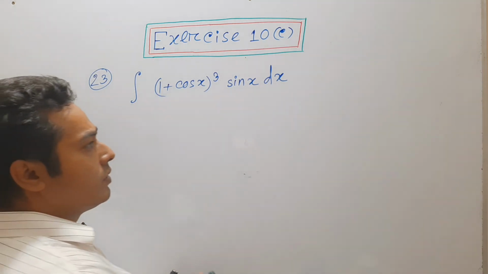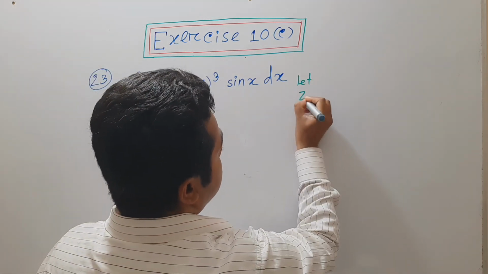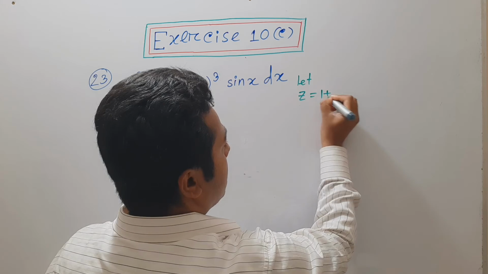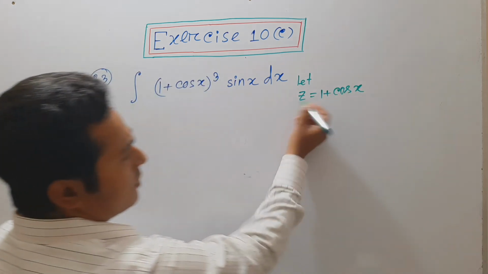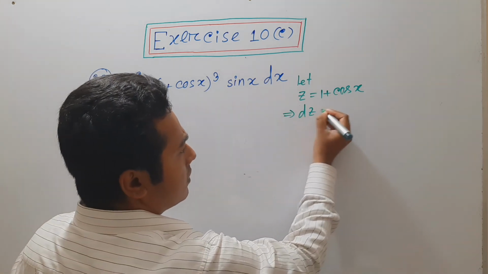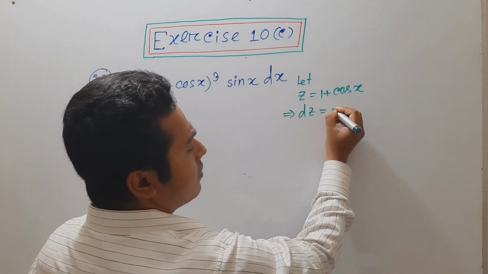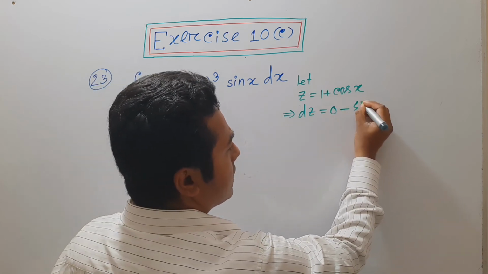So now z is equal to 1 plus cos x. Here differentiation dz, the differentiation of 1 is equal to 0 and of cos x is equal to minus sin x.